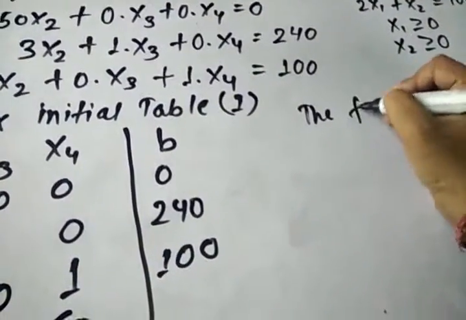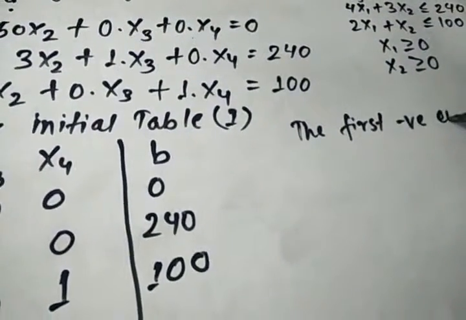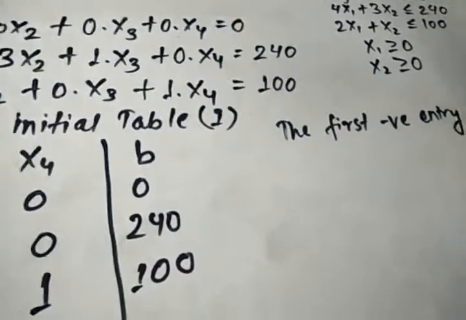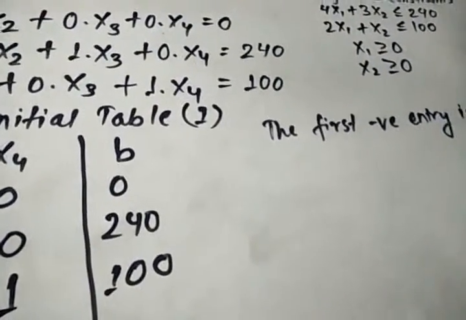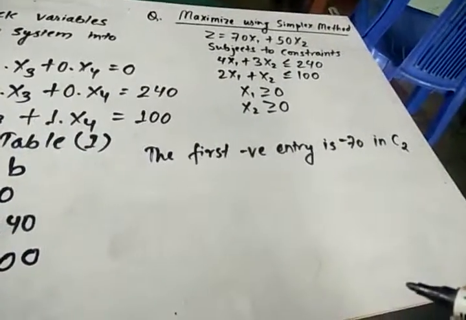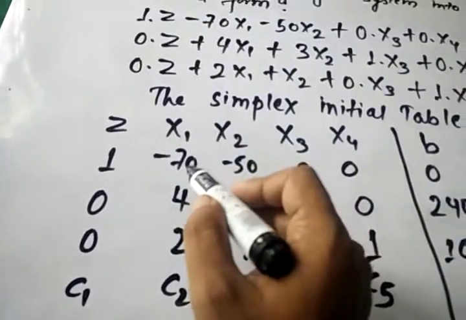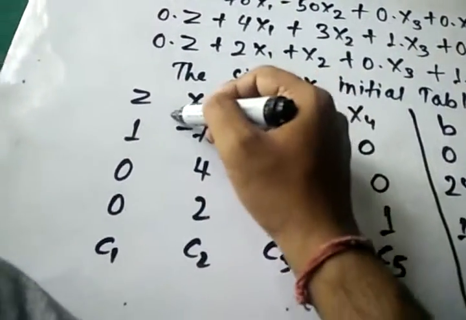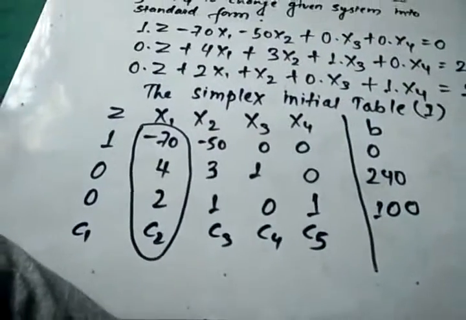The first negative entry is minus 70 in column 2, that is this minus 70. This is our pivot column.